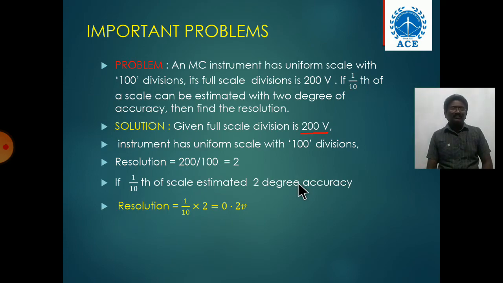Next one, measuring instruments. To study measuring instruments, we have to take the help of the galvanometer. Your galvanometer is a mechanical device. Here in this case we are taking the galvanometer as an analog device.